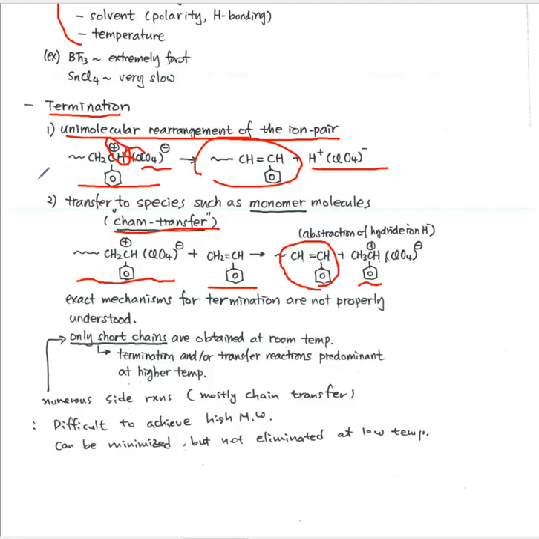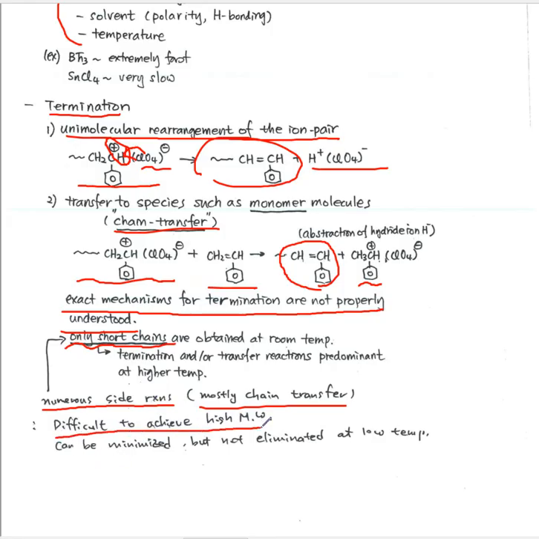But the problem is, as written here, the exact mechanisms for termination of cationic polymerization are not properly understood. Because, as shown here, there are numerous side reactions, mostly chain transfer. This kind of chain transfer can occur between polymer chains and monomer, solvent, or another polymer, etc. So in cationic polymerization, only short chains are obtained. It's really difficult to achieve high molecular weight long chain polymers.